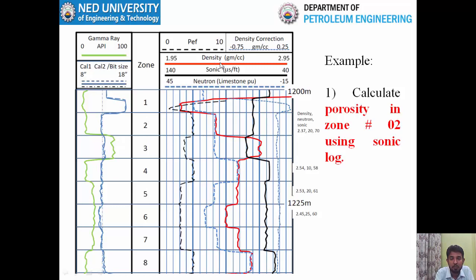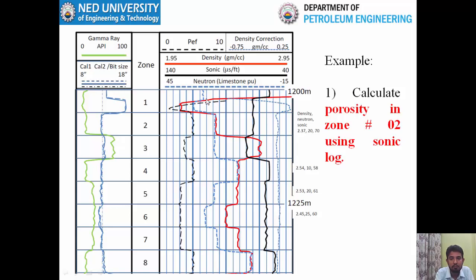So from the log header, you need to see whether the sonic log is available. Yes, the sonic log is available, and it is plotted on the combined track number 2 and track number 3, and the scale is from 140 microseconds per foot to 40 microseconds per foot, and it is represented by this solid black line.